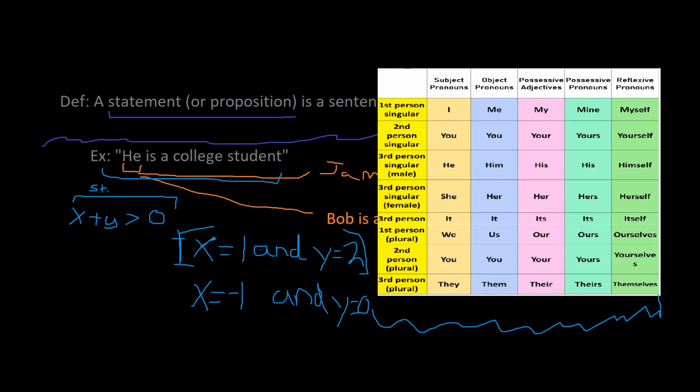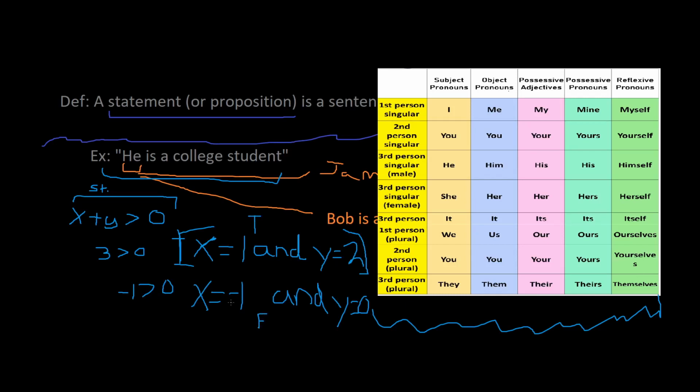Remember what I said, and means they both are part of the statement. So 1 plus 2 is 3, greater than 0. -1 plus 0 gives us -1, which is less than 0. And so obviously this is false. This is true, and then this is false.